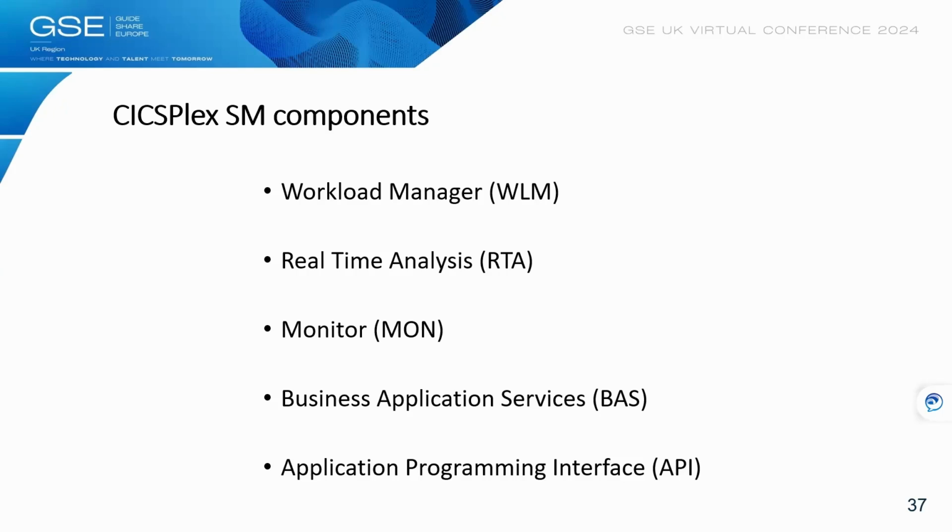The big difference between a monitor and CICSPlex SM is that CICSPlex SM will have to run most of the workload within a CICS region, and some of your monitors do it externally, thereby saving some overhead within the world of CICS. So if you're using RTA, just be careful. You could end up using resources within CICS and impacting the overall running of a CICS environment.